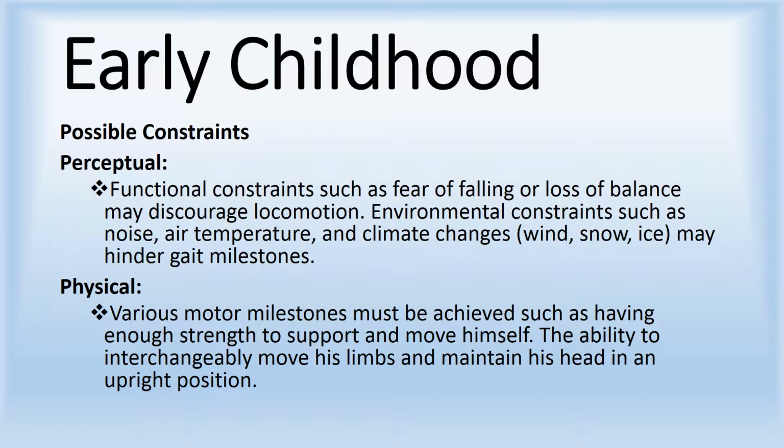Early childhood possible constraints are functional constraints such as fear of falling or loss of balance, which may discourage locomotion. Also, environmental constraints such as noise, air temperature, and climate changes such as wind, snow, and ice may also affect the gait milestones.